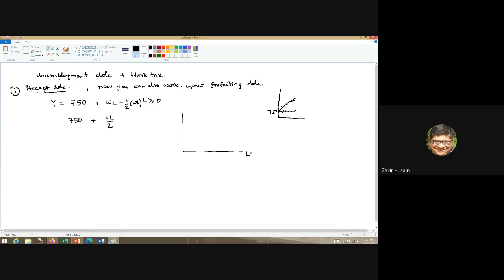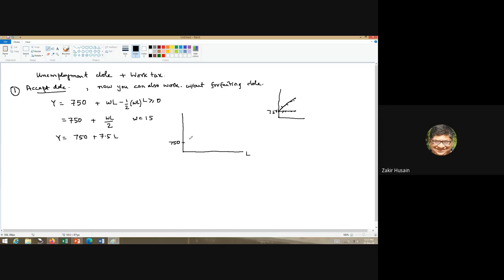Okay, so if L is equal to 0, you get 750. And remember, it was W. Let's keep it as 15. So it is 750 plus 7.5 L. So L equal to 1 means you're going to get 757.5.